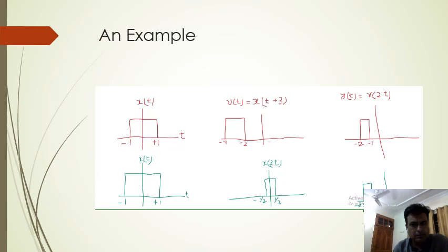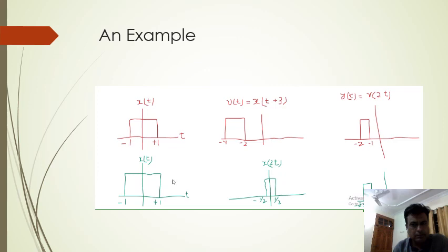Now you can see that these two signals are not equal, so it means that the order in which these operations are performed is important. If you first perform shifting and then scaling, the resultant signal would be this one.